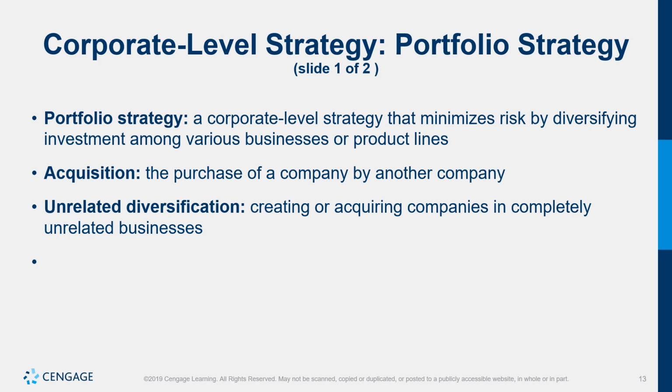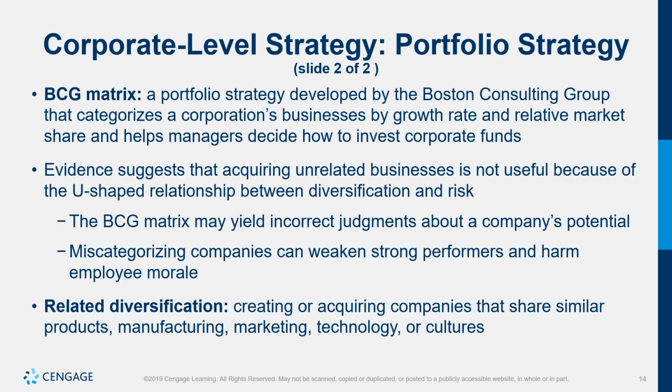Portfolio strategy predicts that companies can reduce risk even more through unrelated diversification, creating and acquiring companies in completely unrelated businesses. Investing the profits and cash flow from mature, slow-growth businesses in newer, fast-growing businesses can reduce long-term risk.